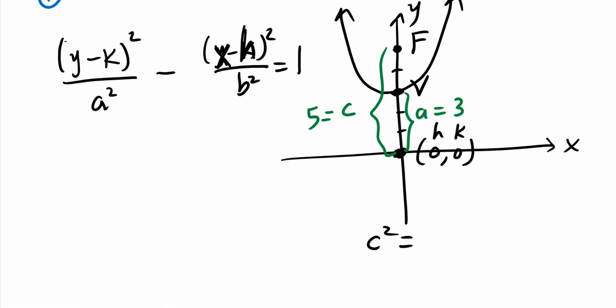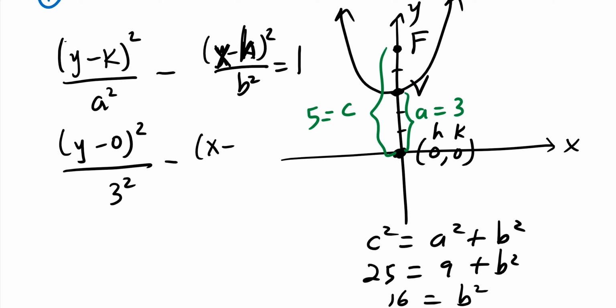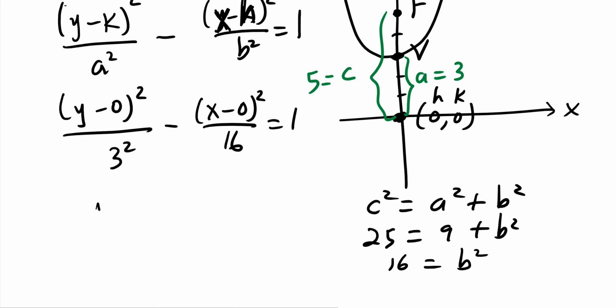So c squared equals a squared plus b squared. 25 equals 9 plus b squared. 16 is b squared. So now we substitute. y minus 0 squared over 3 squared, minus x minus 0 squared over 16 equals 1. So that gives us y squared over 9 minus x squared over 16 equals 1.